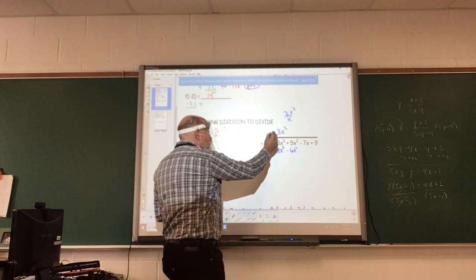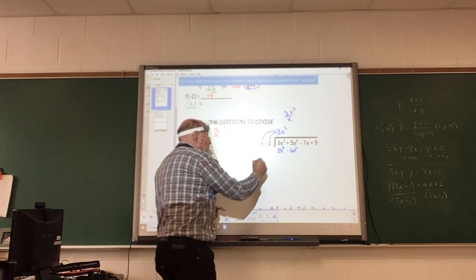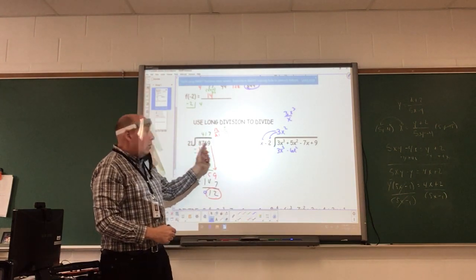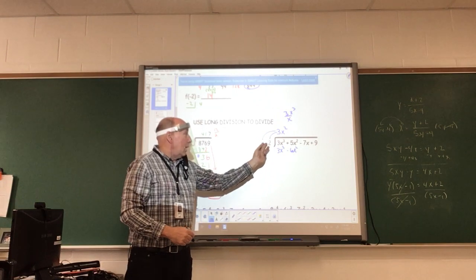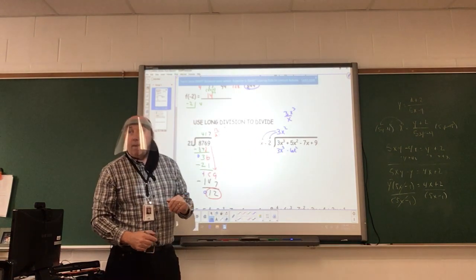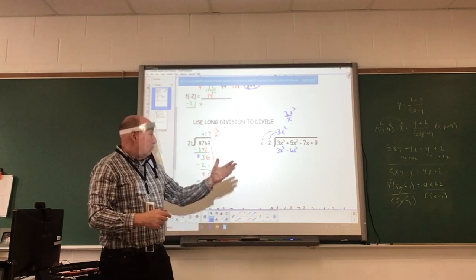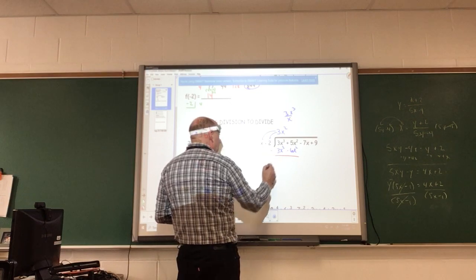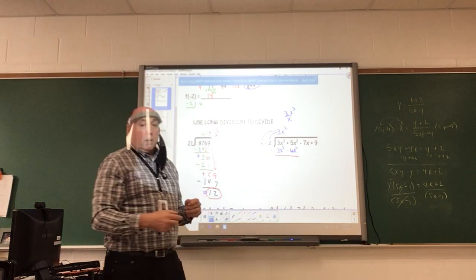All we're doing is multiplying by both of these terms. Just like we multiplied the 4 times the 1 and the 4 times the 2, we have to multiply the 3x squared times the x and 3x squared times the negative 2. Same idea. Trying to parallel what we did here. Next thing we do is subtract. When we subtract, what do we come up with?